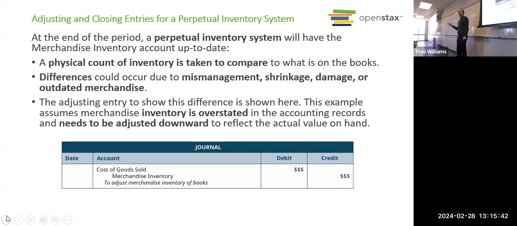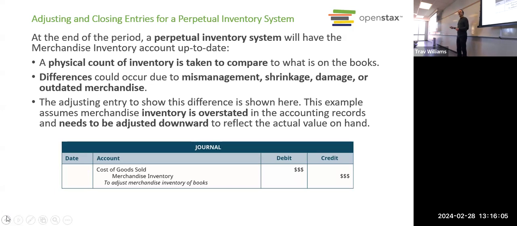We know inventory is an asset, right? So to bring it down in our accounting records, we need to credit it. But that means your expense has gone up because the expense of that inventory becomes part of your cost of goods sold. So now you have to debit cost of goods sold for the same amount.